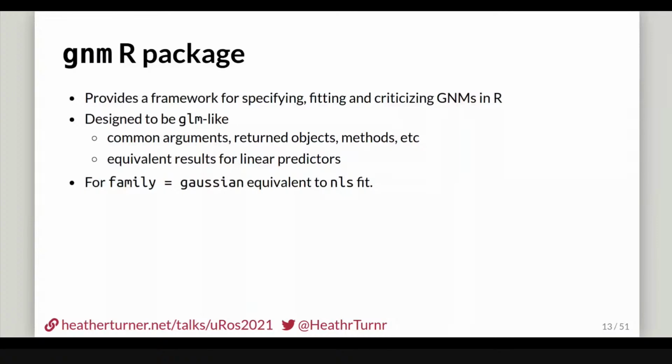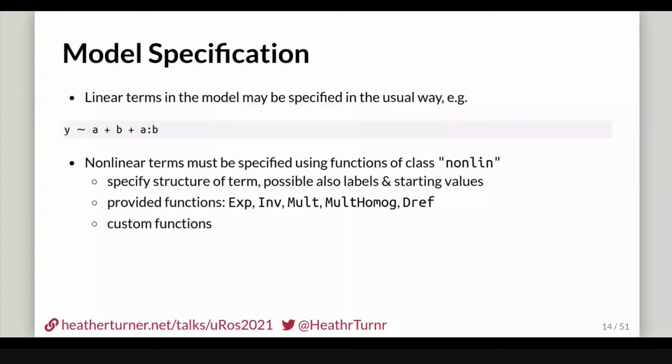So linear terms in the model can be specified in the usual way. But nonlinear terms, we need to specify using functions of class nonlin. And these are special functions that will describe the structure of the term, possibly also labels and starting values.